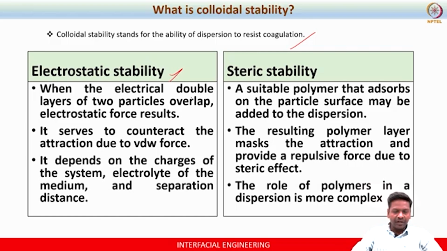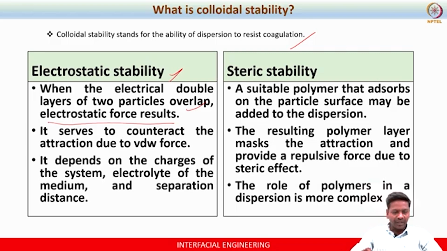When the electrical double layers of two particles overlap, we are going to look at different double layer models. There you will understand what is known as the electrical double layer overlap, and the electrostatic force results. If it results in an electrostatic repulsive force, it will help us overcome the aggregation.